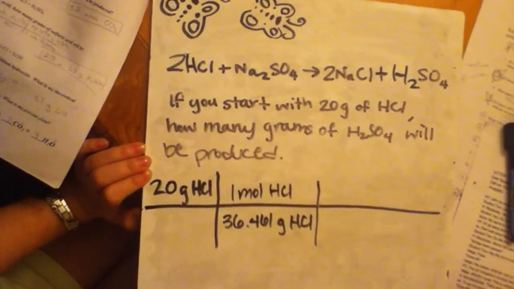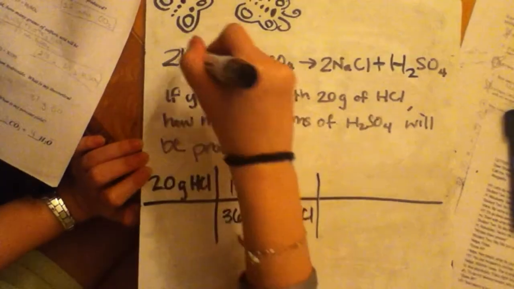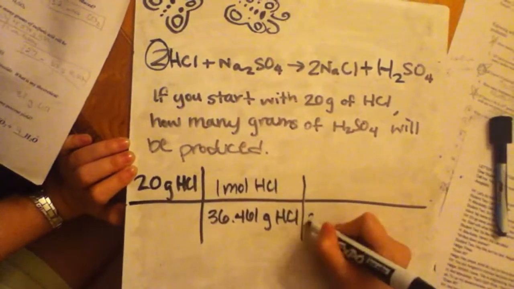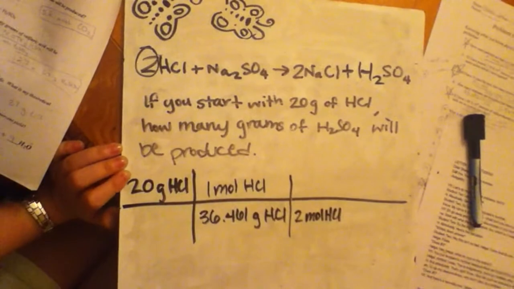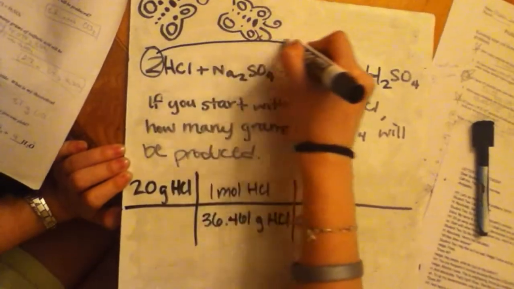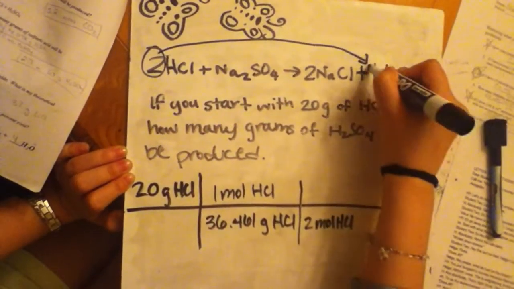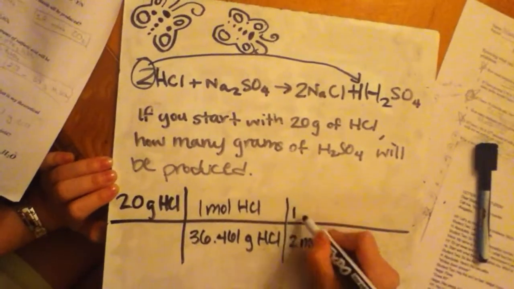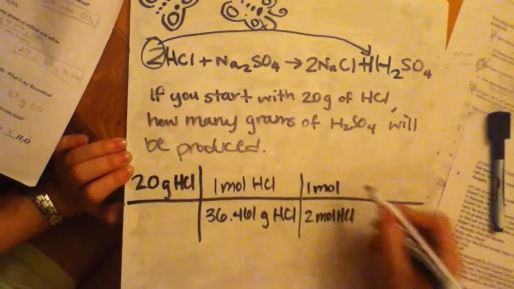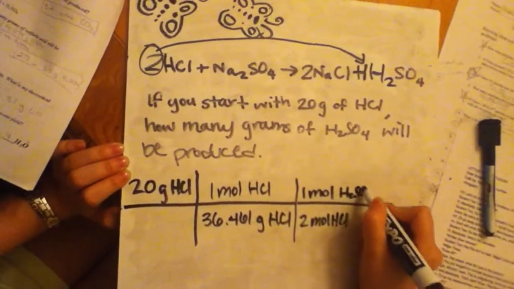And then since the problem has 2 moles of HCl, you write that down here. And since it produces 1 mole of H2SO4, you'd write that down up here, H2SO4.